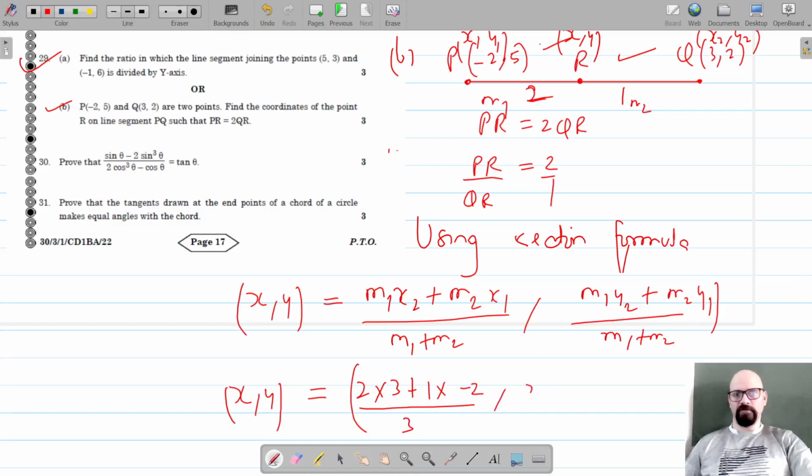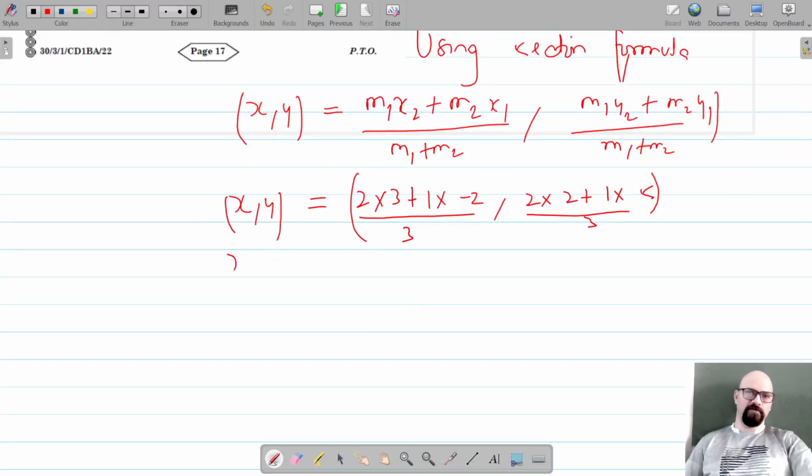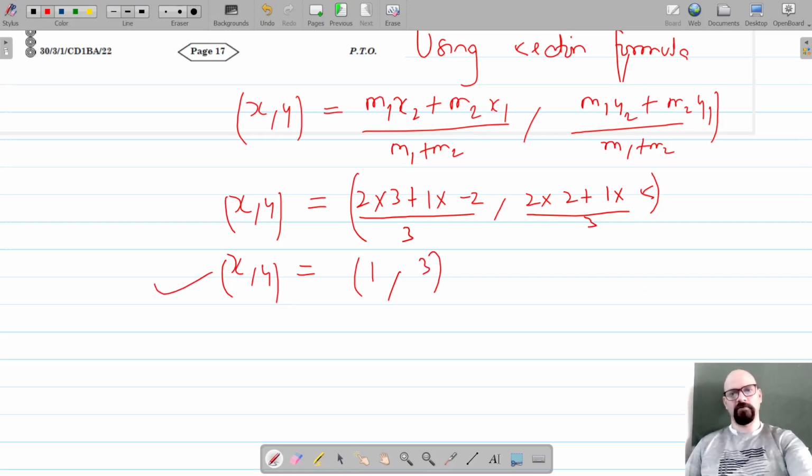Now m1 is 2, y2 is 2, plus m2 is 1, y1 is 5 upon 3, which gives me the coordinates x comma y. 5 minus 2 is 3, 3 by 3 is 1. 2 into 2 is 4, plus 5 is 9, divided by 3 is 3. So the coordinates of the point R are 1 comma 3.